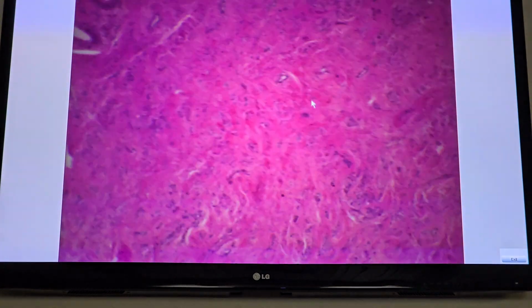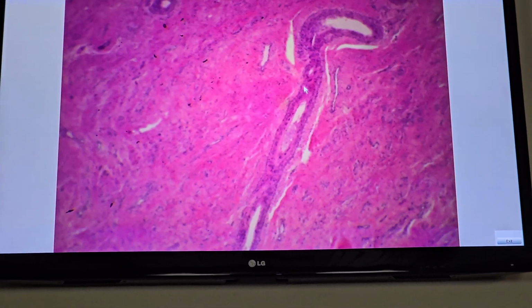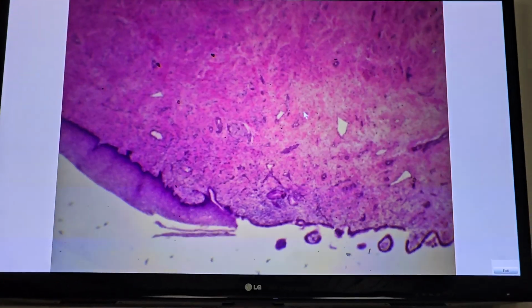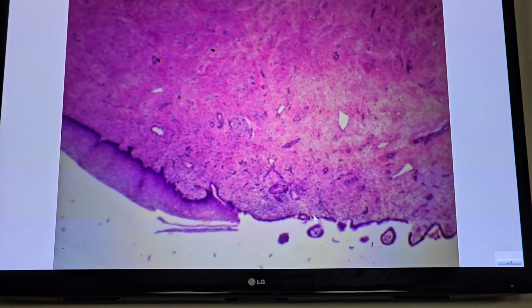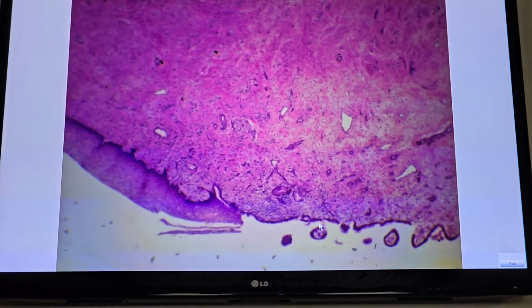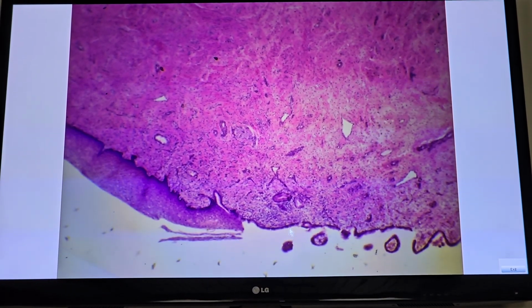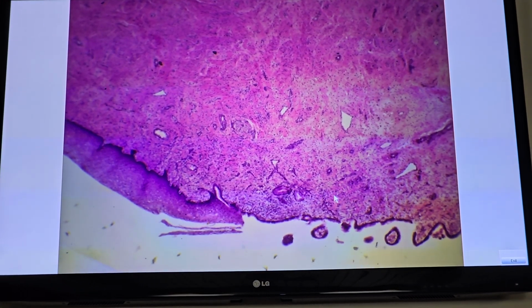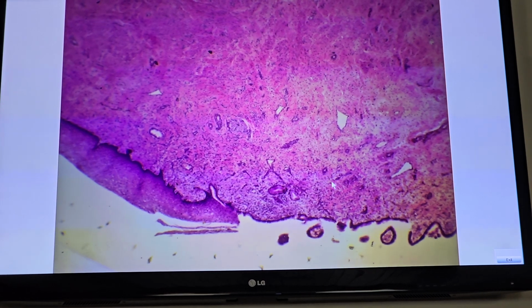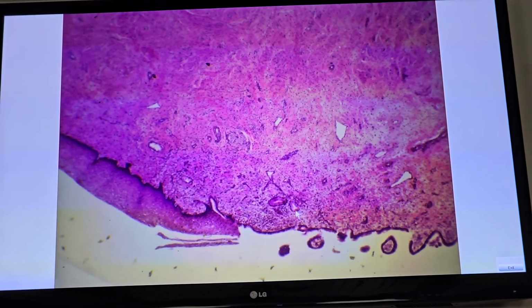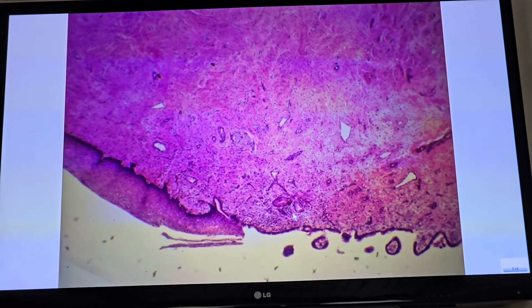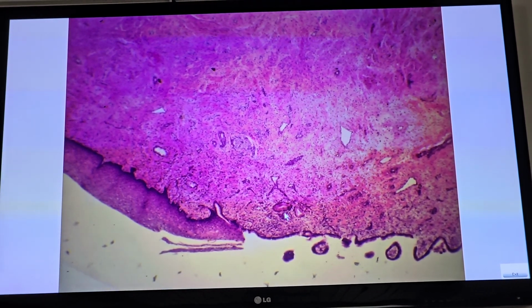The lower part of the uterus, lower cylindrical part of the uterus called the cervix. This is the endocervical mucosa with simple columnar epithelium on a very thick lamina propria containing a branched mucus secreting gland called cervical glands.